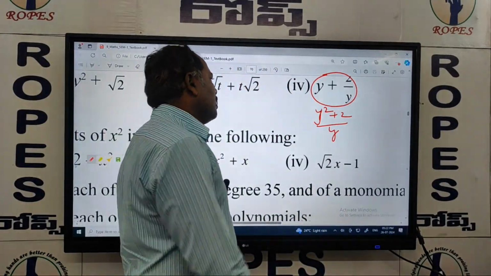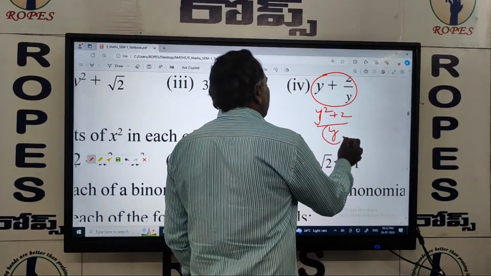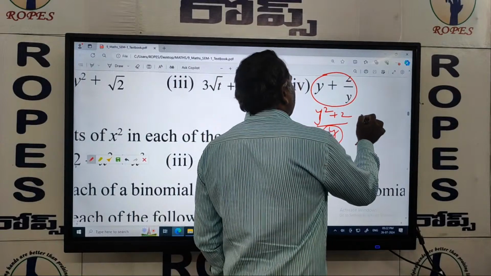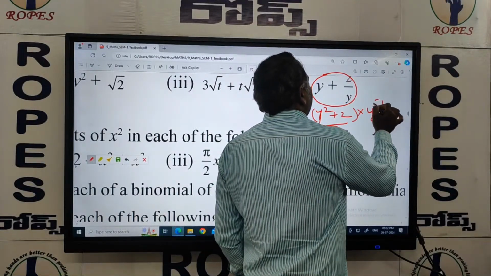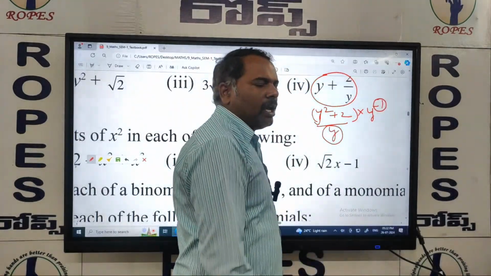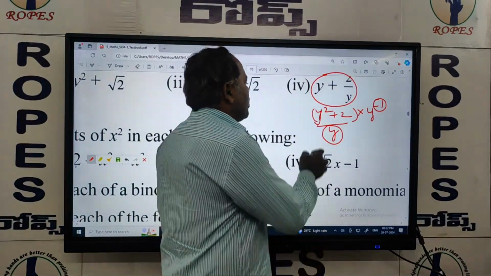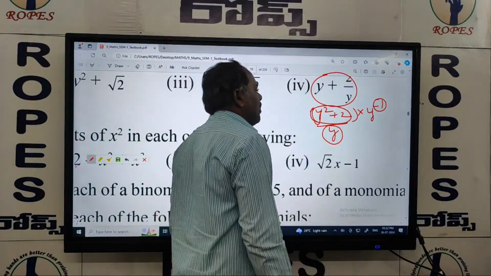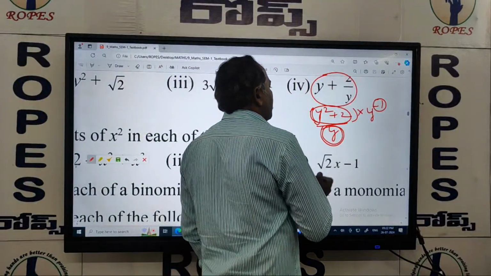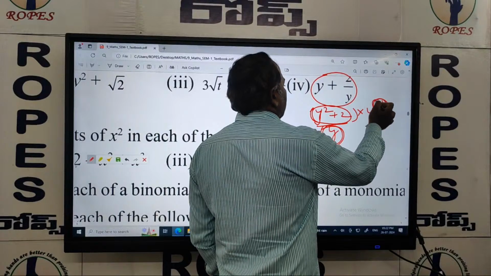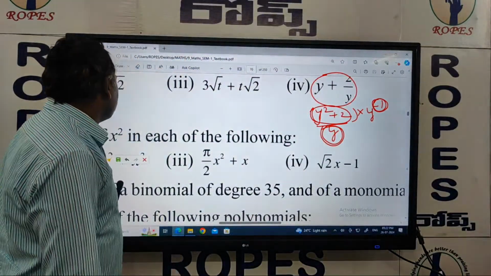When it is in the denominator, if it comes to the numerator, it becomes y power minus 1. So when it has a negative exponent, then it is not a polynomial. If you think only in the way of y square plus 2, then it is a polynomial. When we think about the denominator y, which gets a minus 1, then it is not a polynomial. Okay, so that is the one.